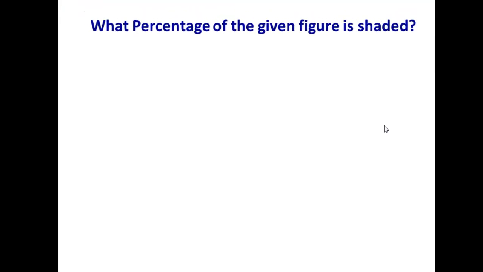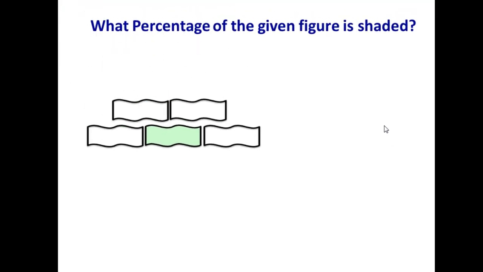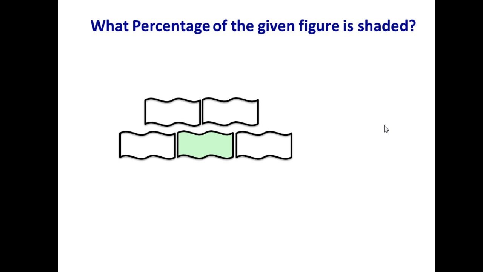Again another question. So you have to do it quickly. How many are there? 1, 2, 3, 4, 5. Total is 5. How many are shaded? Only 1. So your fraction is 1 over 5. Here I am not writing anything, I am just speaking out so that you pay proper attention to what I am speaking, and then you can note it down in your notebooks.